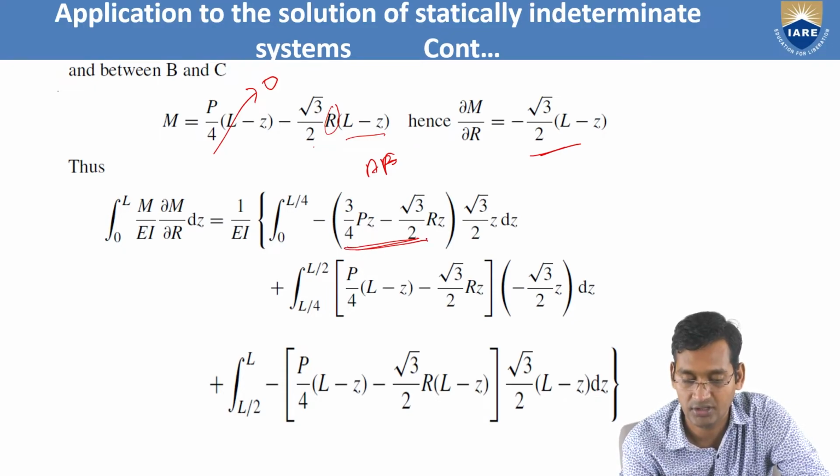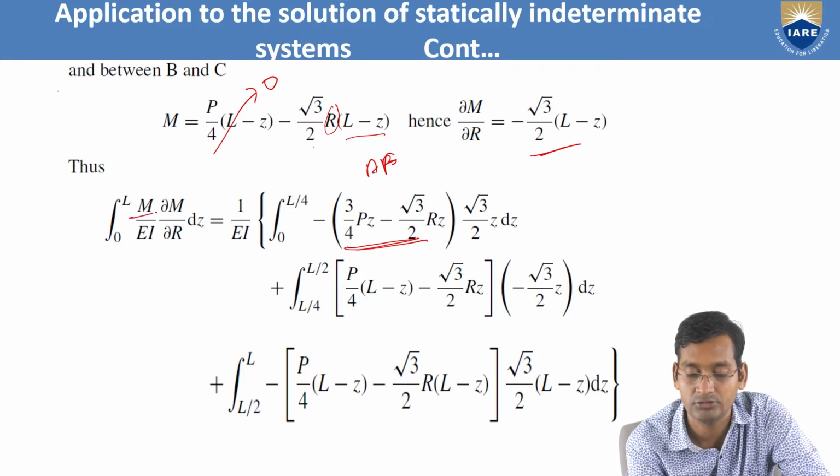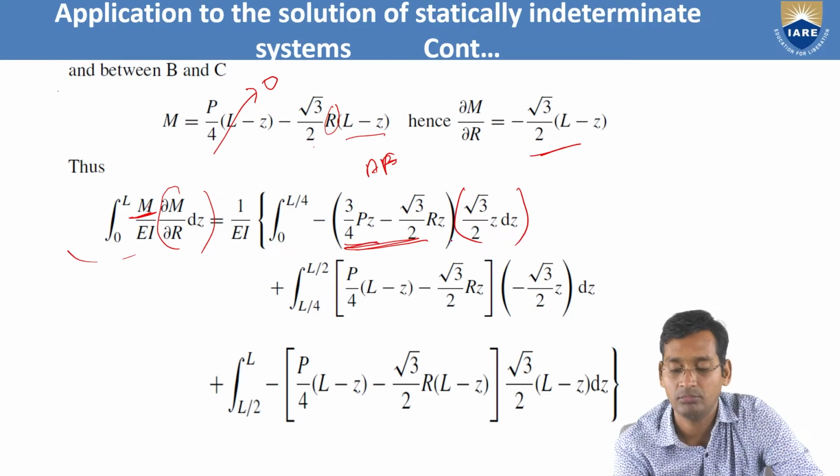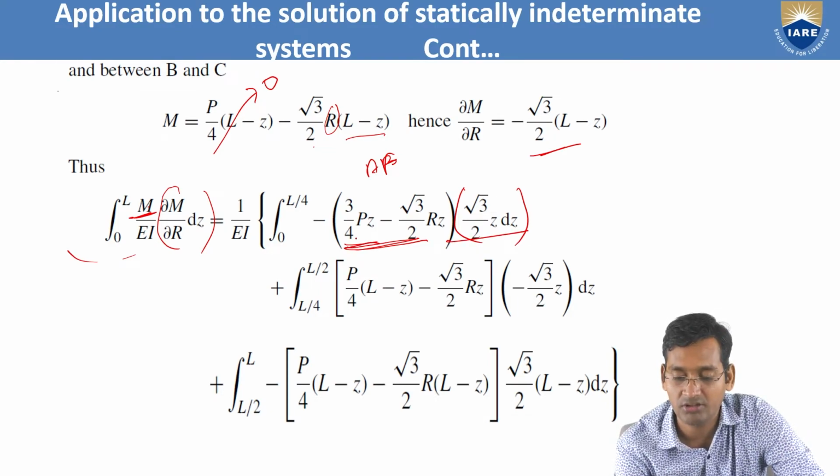This is M by EI. So after substituting the value of M, EI is constant, and dou M by dou Z is here. Now here just multiply.